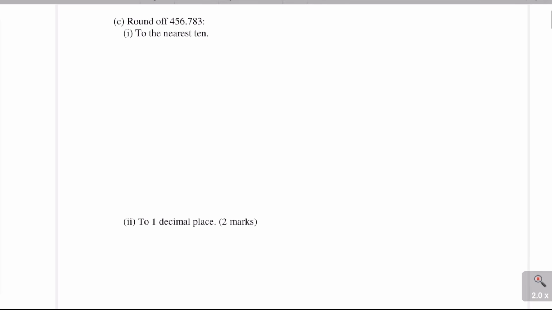Part C. Round off 456.783 to the nearest 10. The first step is to identify the digit in the tens place value, and that is 5. Step number 2, check the immediate number to the right, which is 6.